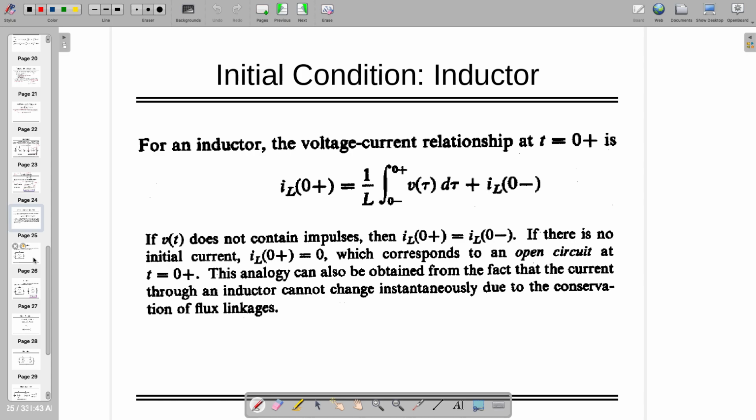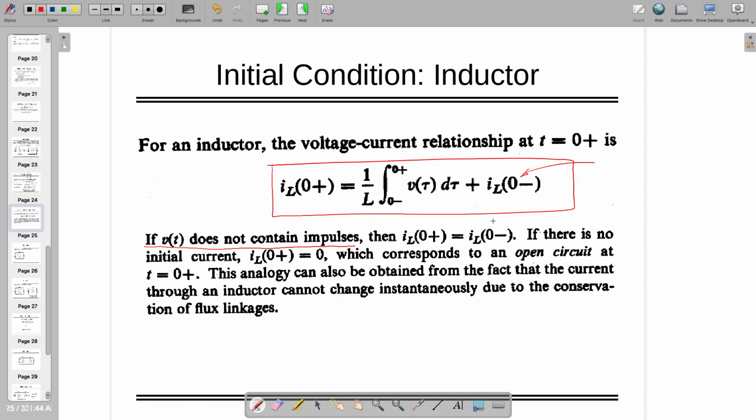Are you following, or is it too fast? Okay, so similar to what we have learned in voltage, if it is current, you will have a previous condition coming from current, which is IL 0 minus, and similar thing we are writing: if VL does not contain any impulses, then IL0 plus equal to IL0 minus, because that is what we want.